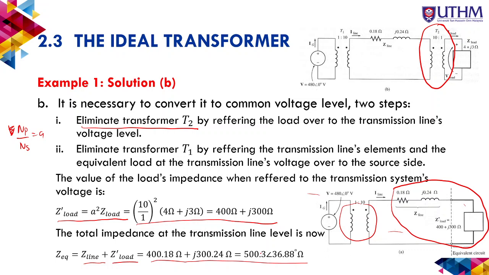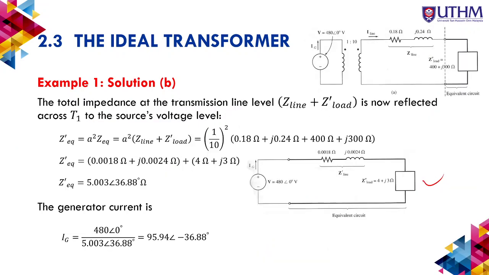Once we add, we need to refer back to the primary, or eliminate the transformer. So the total impedance at the transmission line, Z line plus Z load, is now reflected to T1, transformer 1, to the source of the voltage.